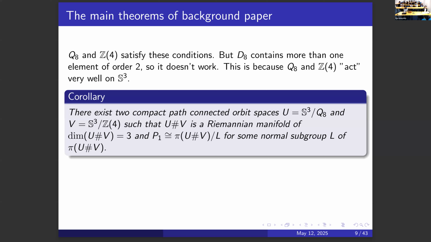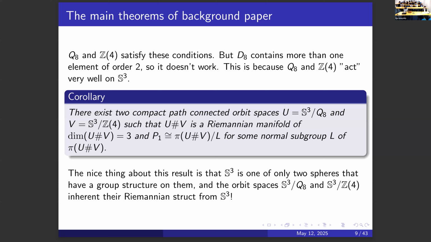Having that U hash V, the dimension gets maintained, so it's still dimension 3, and the fundamental group pi_1 of the P1 is isomorphic to some quotient of the fundamental group of the space U hash V.